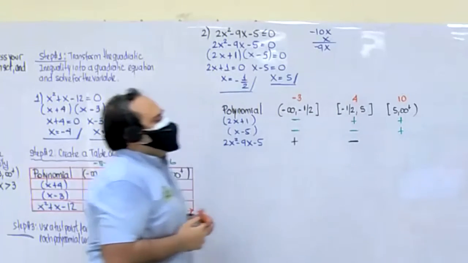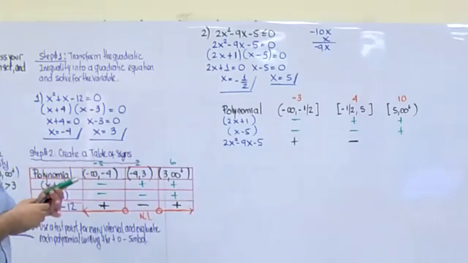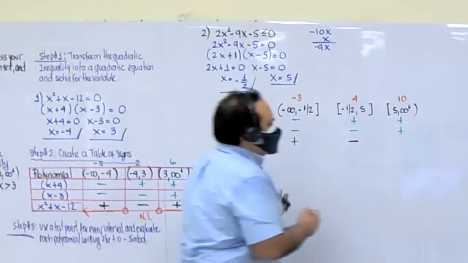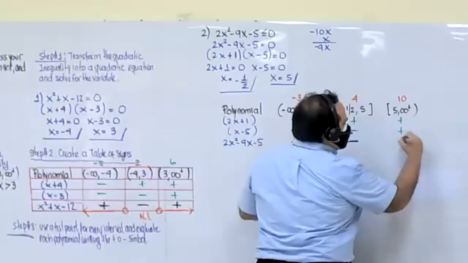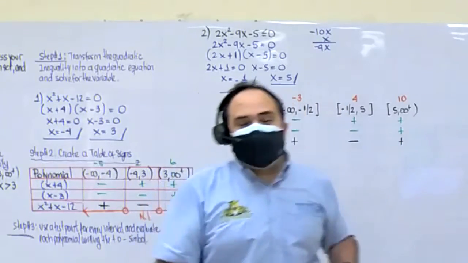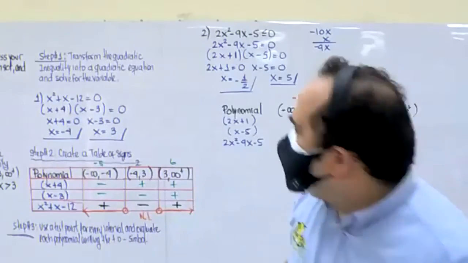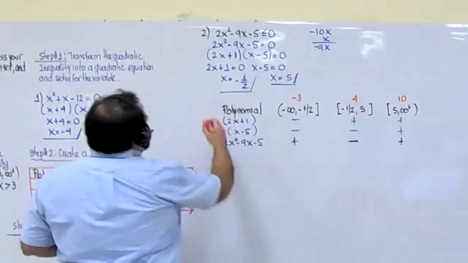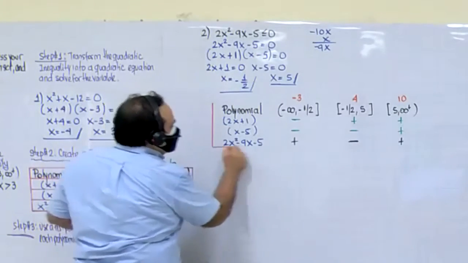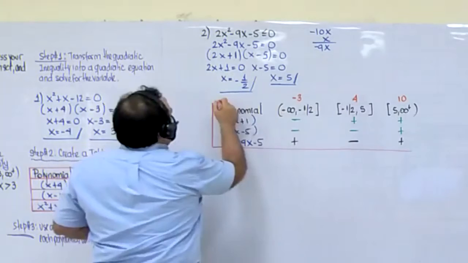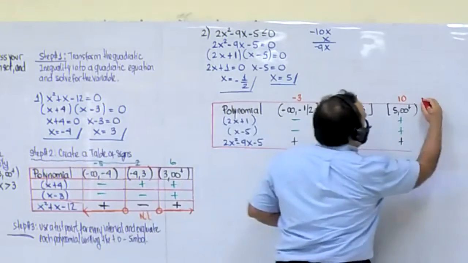And you know, positive times positive will be positive. Oh, we are finally creating the table of signs. We completed the table of signs. I'll do it a little bit quickly because we are almost out of time.